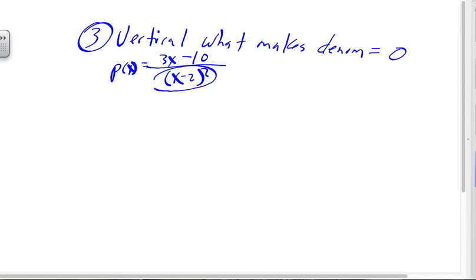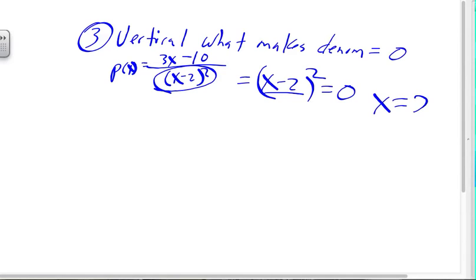So I want to find out what makes this equal to 0. You can see why we factored this. So I need x minus 2 squared to be 0. So my vertical asymptote is going to occur when x equals 2.